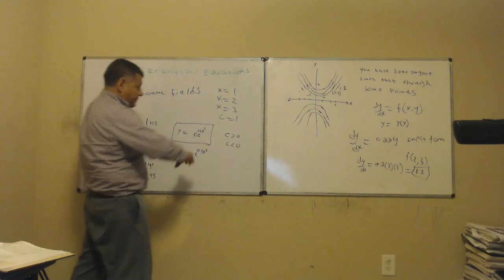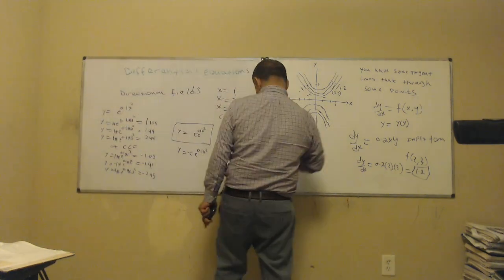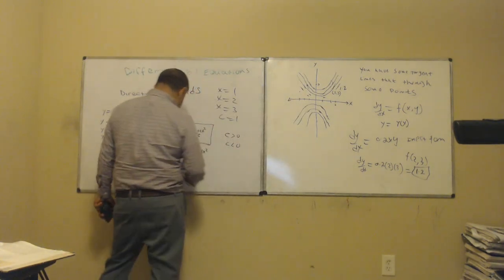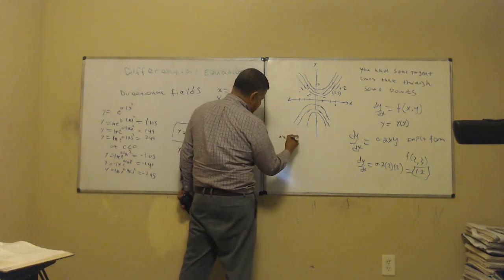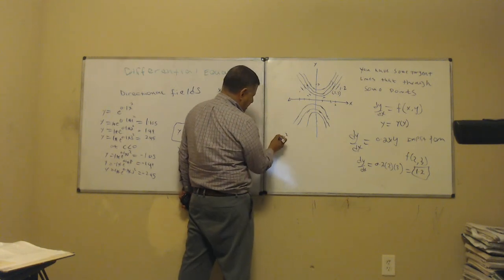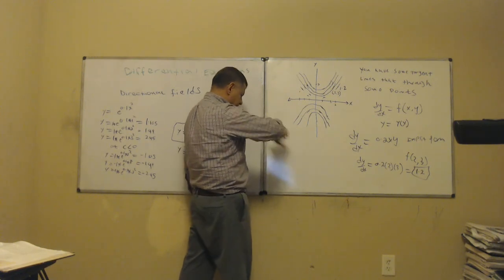It's like a parabola upside down, right? So if a is negative, then it's going to be upside down, right?